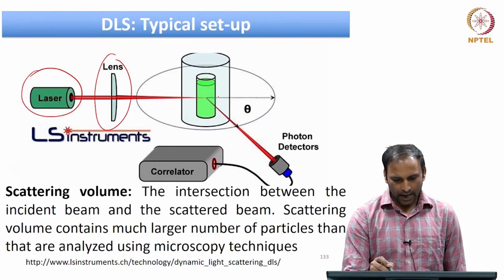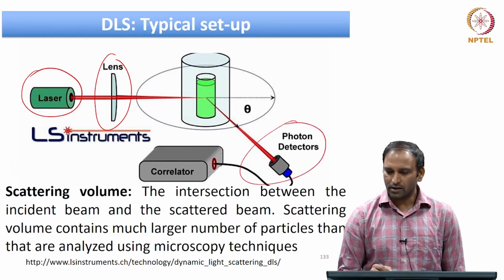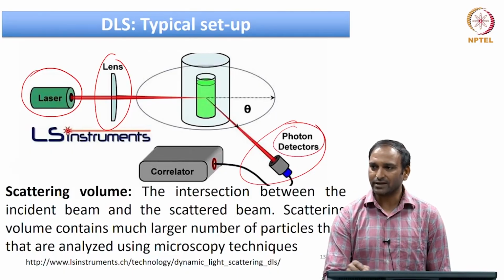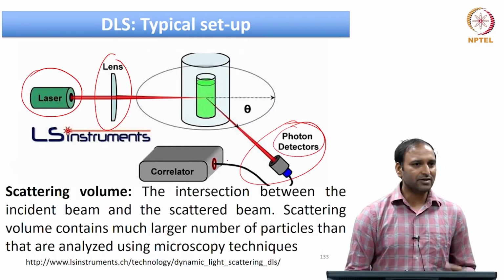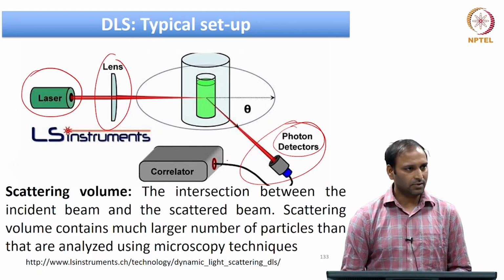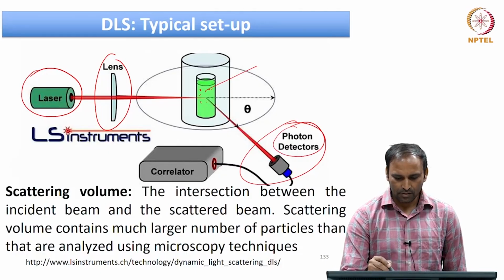And there is a detector. Typically these detectors are what are called photon detectors. They essentially measure the number of photons scattered. And that is your sample that has some particles.